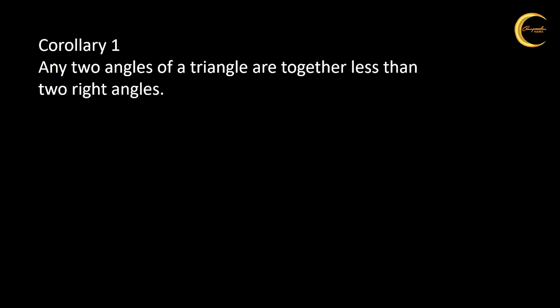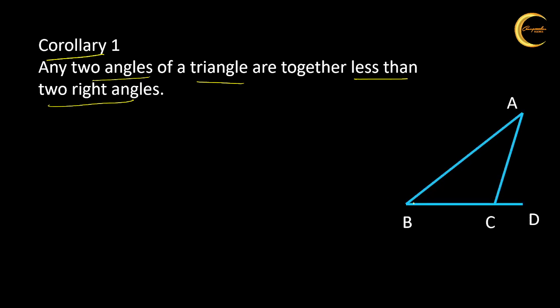First is corollary 1, which says any two angles of a triangle are together less than two right angles, because if we add the three angles, the sum should equal two right angles. So we can easily prove that any two angles should be less than two right angles. Okay, so let's come to corollary 2.